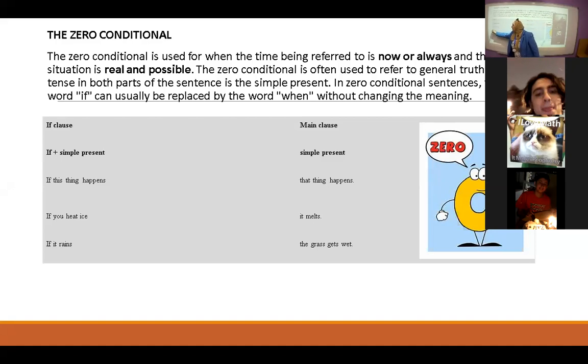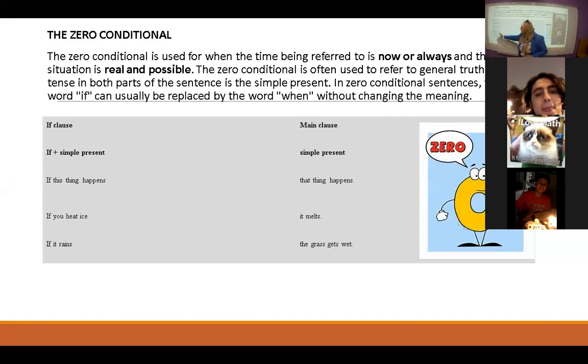We start with if, then of course the subject. If you heat ice, it melts. Now, the pronoun here, if you heat ice, it melts. It doesn't refer to the same person. If you heat, it melts. Different antecedents.